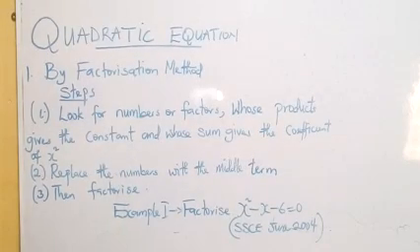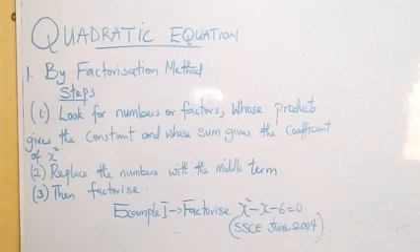By the factorization method, follow these steps. Number 1, look for numbers or factors whose product gives the constant, that is -6 for example, and whose sum gives the coefficient of x.